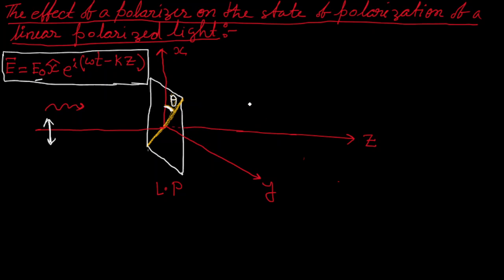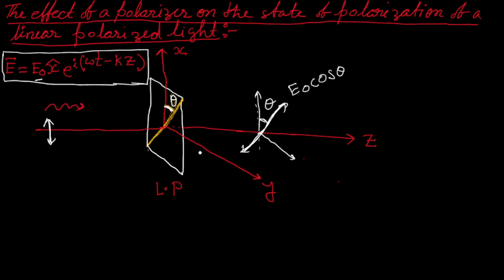It makes an angle theta with the positive x-axis, and the amplitude of this wave will be E0 cos theta.